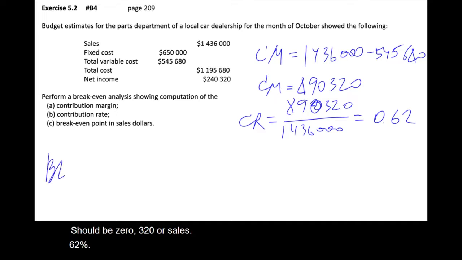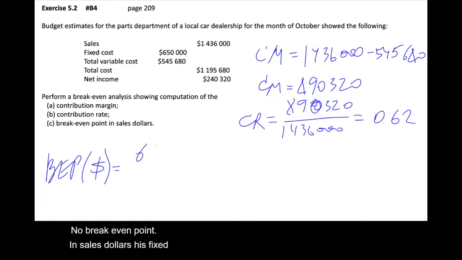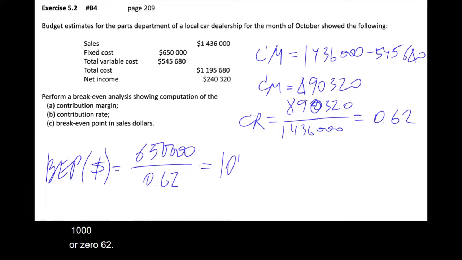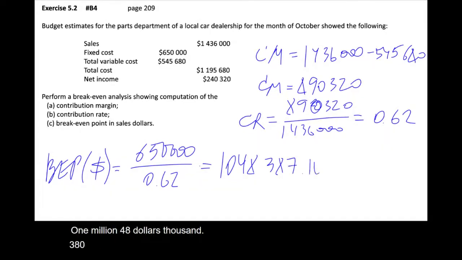Now break-even point in sales dollars is fixed cost. That is 650,000 over 0.62, $1,048,387.10.